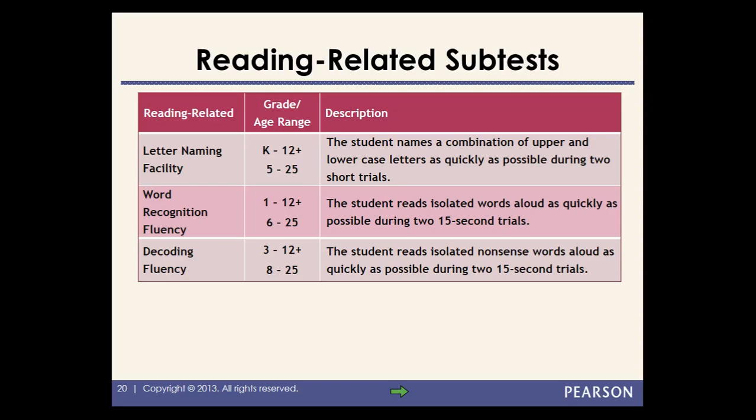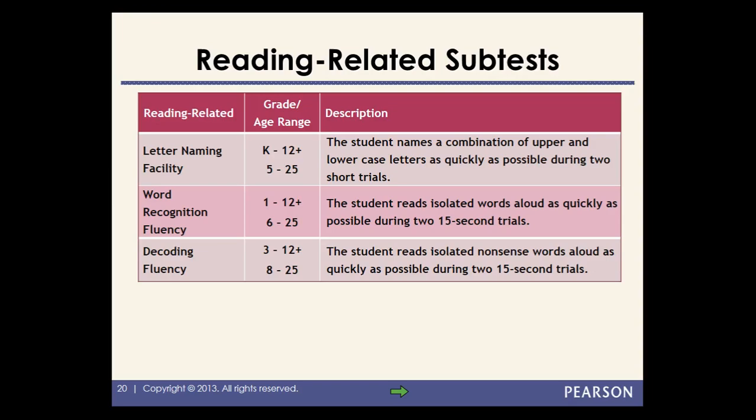And again, they have 2 short trials there. For word recognition fluency, the student is going to read isolated words aloud as quickly as possible, and they have 2 15-second trials there. And the final one I have here is decoding fluency. They're going to have to read isolated nonsense words aloud as quickly as they can during 2 15-second trials.